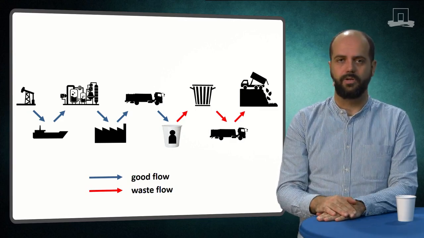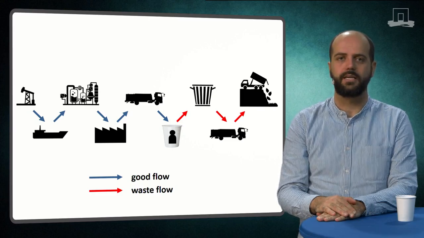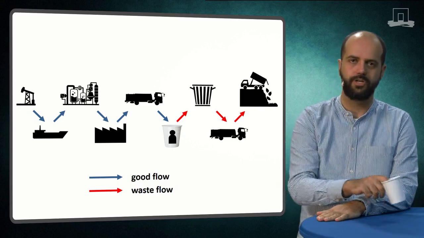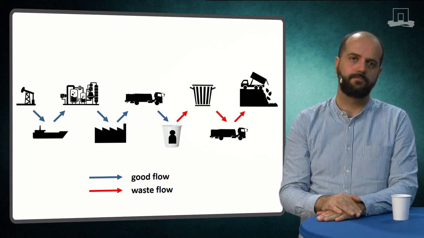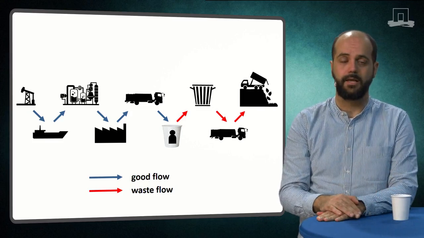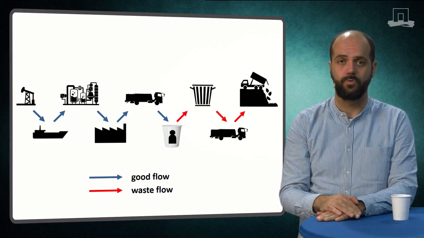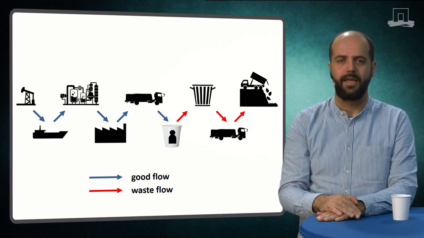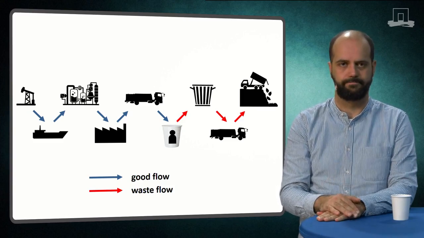The first thing you need to realize about your product life is that we start with creating a product that increases in value through the production chain until it reaches its use phase, until it reaches you. You paid for your disposable coffee cup, and everyone involved in the chain before you was paid to contribute towards the product. In other words, every unit process prior to the use phase involved the flow of a good.